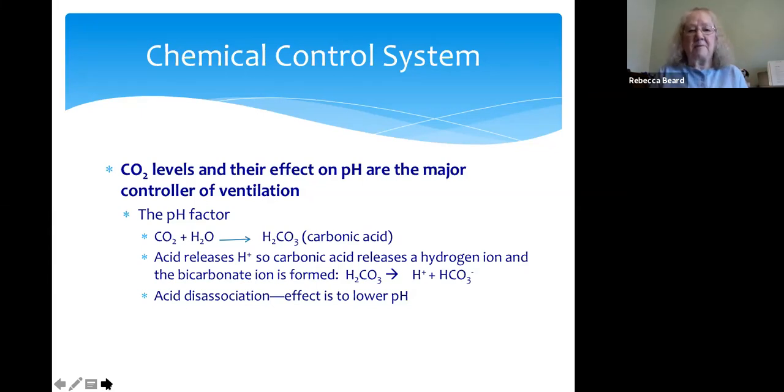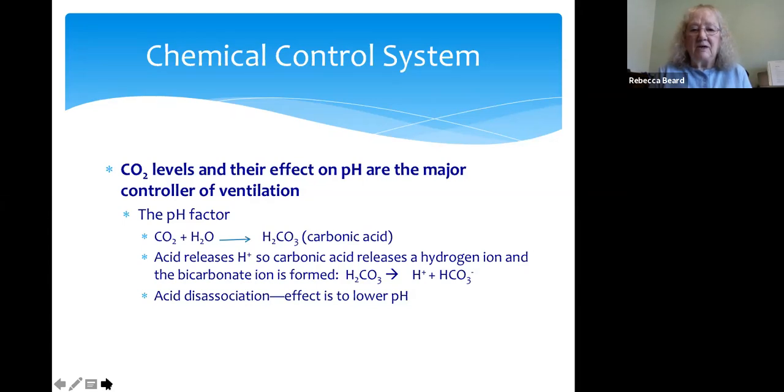And how does that happen? First, whenever we have carbon dioxide and we dissolve it in water, it's going to cause the formation of what we call carbonic acid, H2CO3. And you see how that can happen.